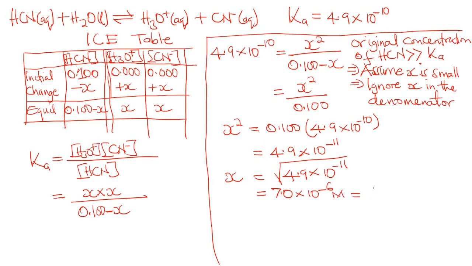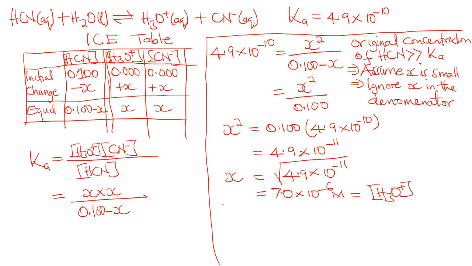This one is the concentration of H3O plus. So now we have the concentration of hydronium ion. We need to test if our assumption is correct before we continue.